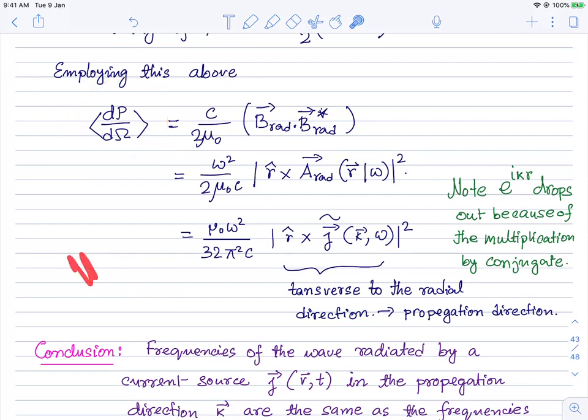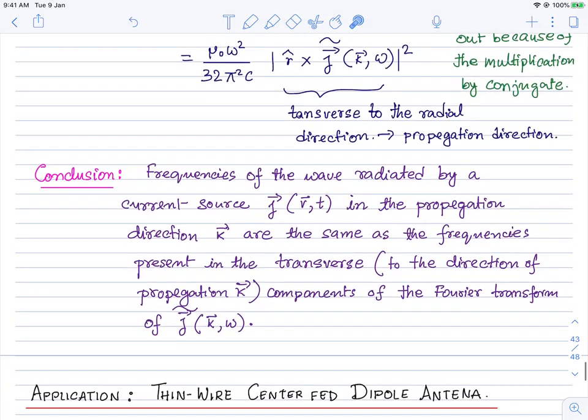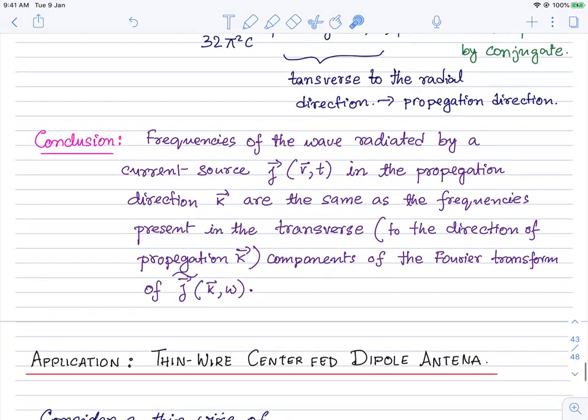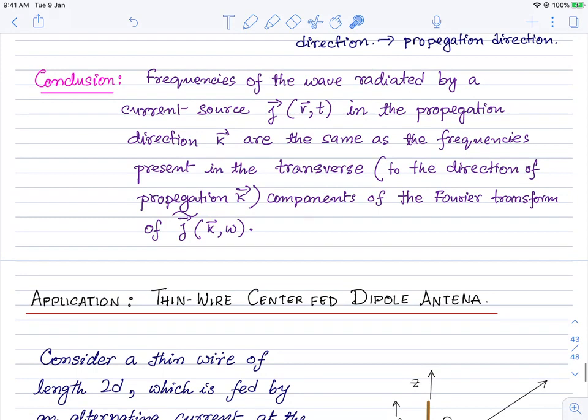The source is oscillating in any way it likes, so there are many frequencies. You fix a direction, so this is dP/dω, and you ask what is the power emitted in a particular frequency. The answer is given by this expression here. Whatever frequencies are present here will give you a non-zero contribution, and that also gives you the amount of power emitted in that given frequency. Right, so this is what I have written in words here.